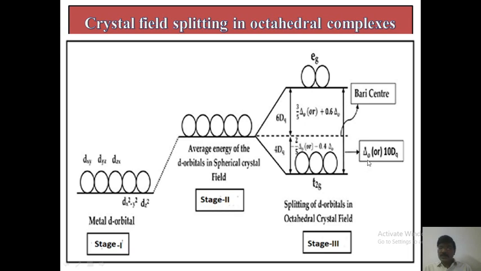The CFSE is indicated by delta O or 10 dq. This is the splitting of d orbitals in an octahedral crystal field in stage 3. This is how crystal field splitting occurs in octahedral complexes.